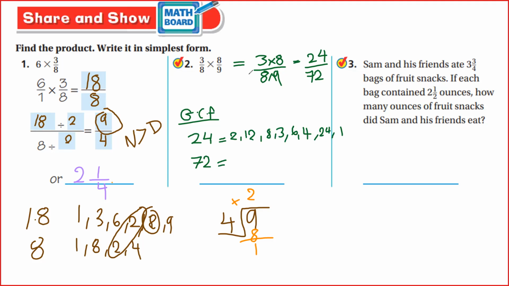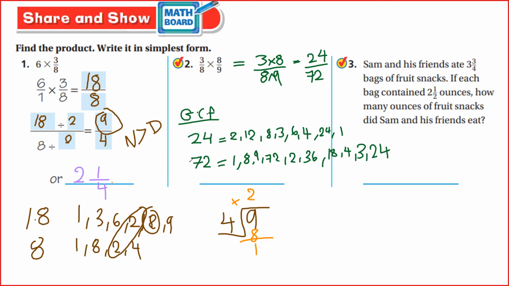We have 1, 8, 9, 2 and 36, 18 and 4. I think it's 3 and 24.